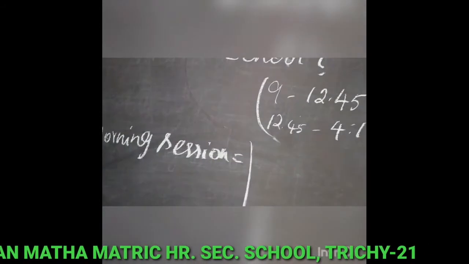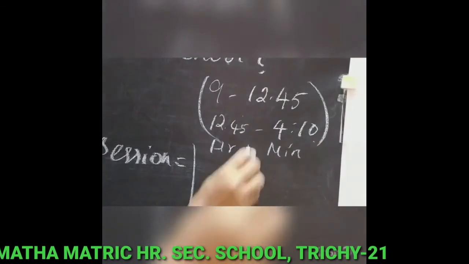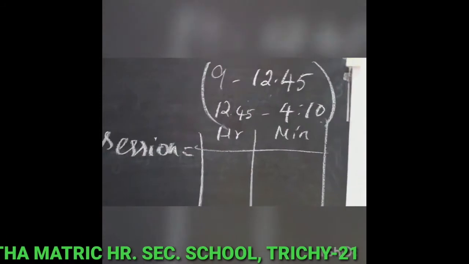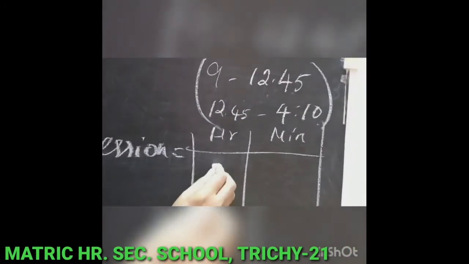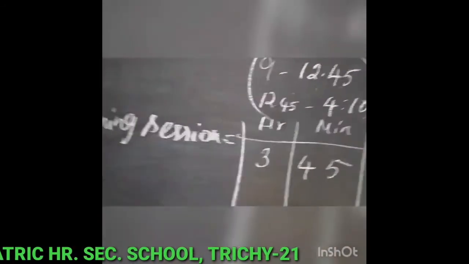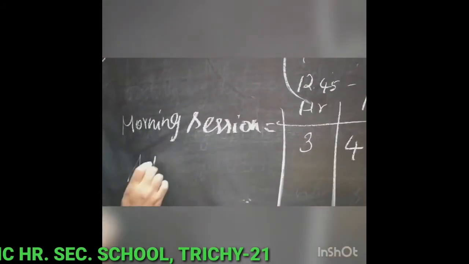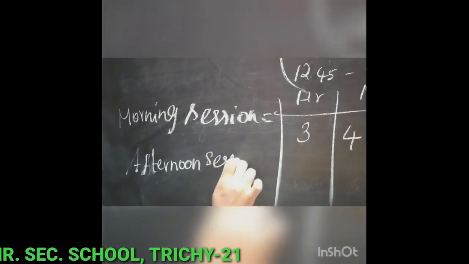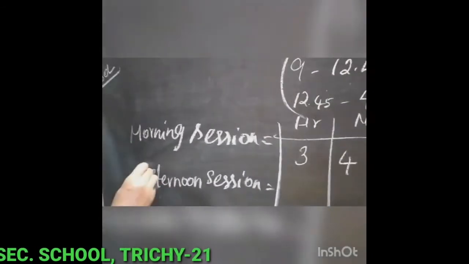equals, then hours and minutes you have to write like this. Calculate 9 to 12:45. So 10, 11, 12, that is 3 hours 45 minutes. The next one, afternoon session equals.